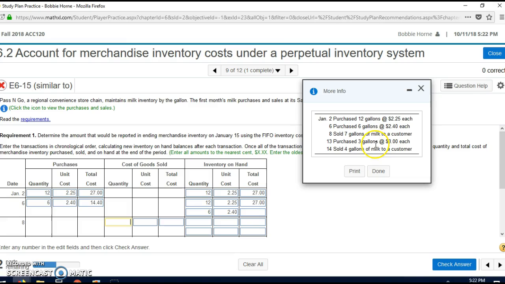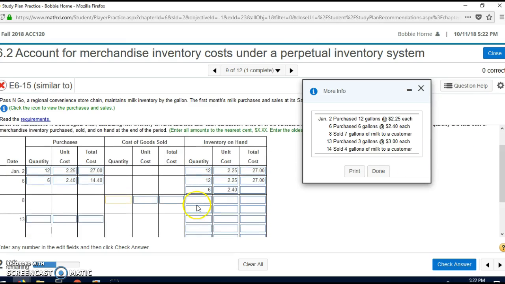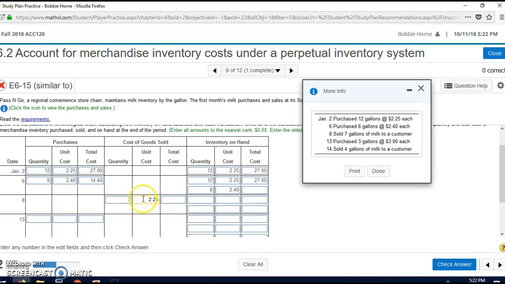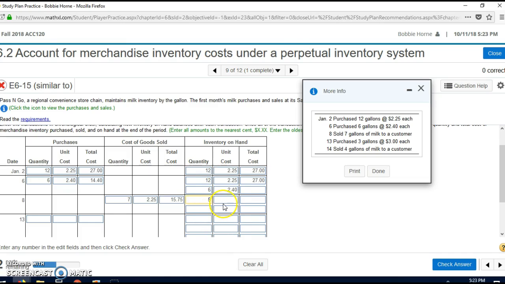And on the 8th we sold 7 gallons of milk, and the first units are the first that are going to go out, so we're going to sell 7 of these units at $2.25. So 7 times $2.25 is $15.75. Now we've sold 7 of those units, so we have 5 left at $2.25.